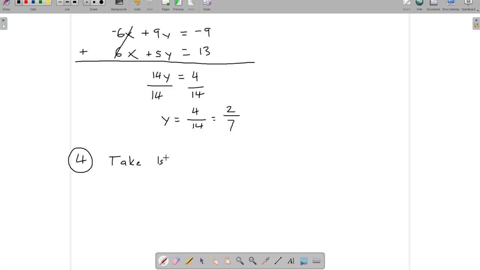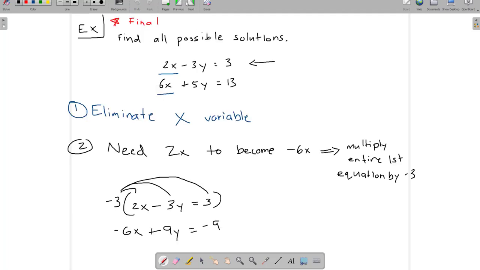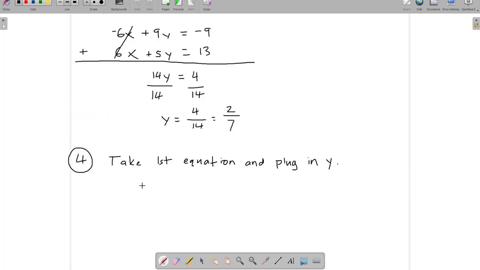You can do either, it doesn't matter, but just to save some time on multiplication, we'll take the first equation and plug in y. That was 2x minus 3y equals 3. Y happens to be 2/7, so we'll plug that in.